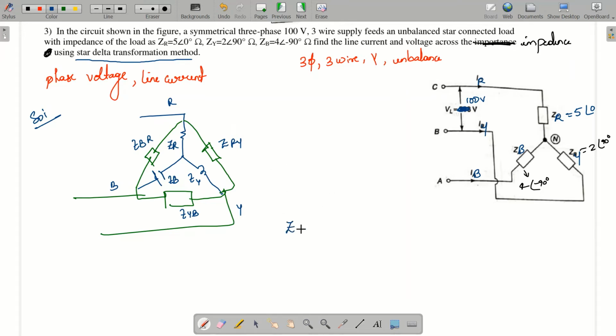Can someone tell me what is the value of ZRY? What is a star to delta transformation?